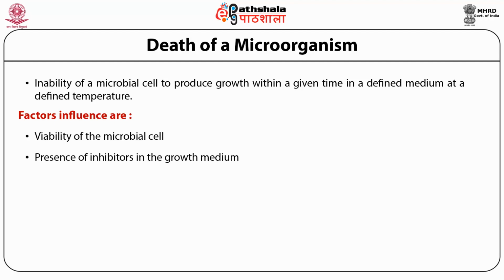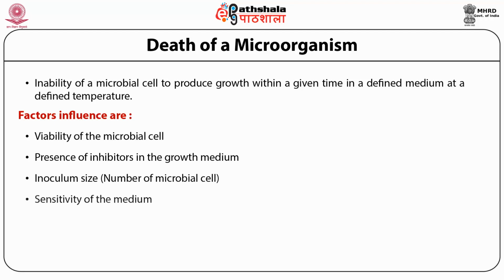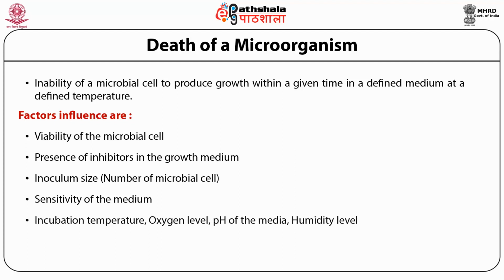Number 3, the inoculum size or number of microbial cells, which is also sometimes known as seed volume. Number 4, sensitivity of the medium. Number 5, different culture conditions or incubation parameters like incubation temperature, oxygen level, pH of the media and humidity level.